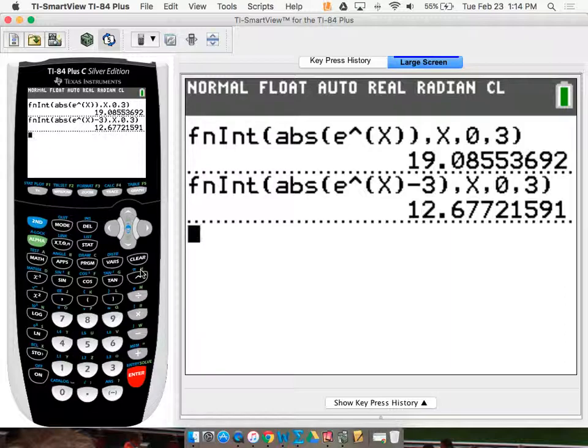All right, so again, I'm taking the absolute value of e to the x minus 3, right? Make sure that's in parentheses, and then make sure you're going from 0 to 3.